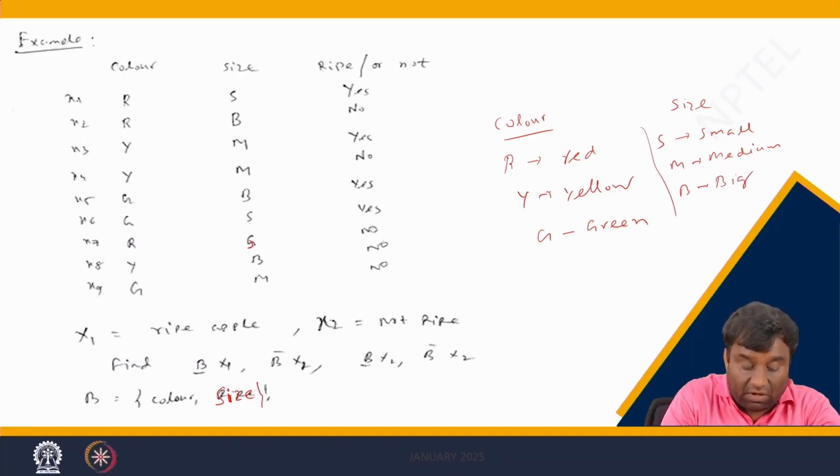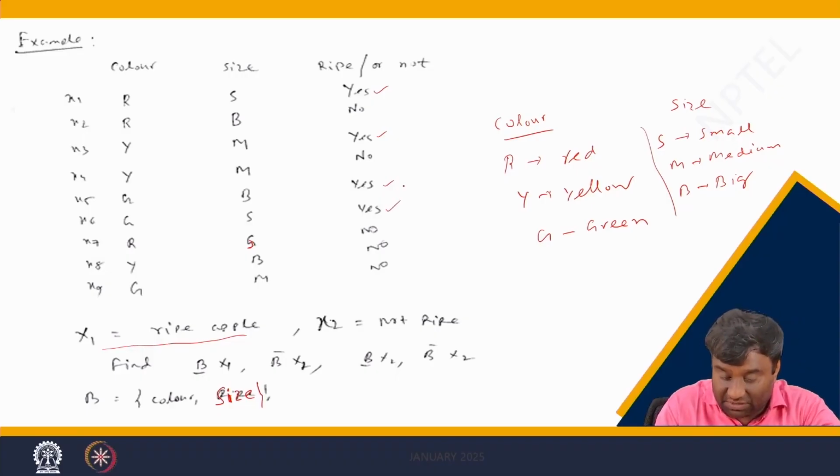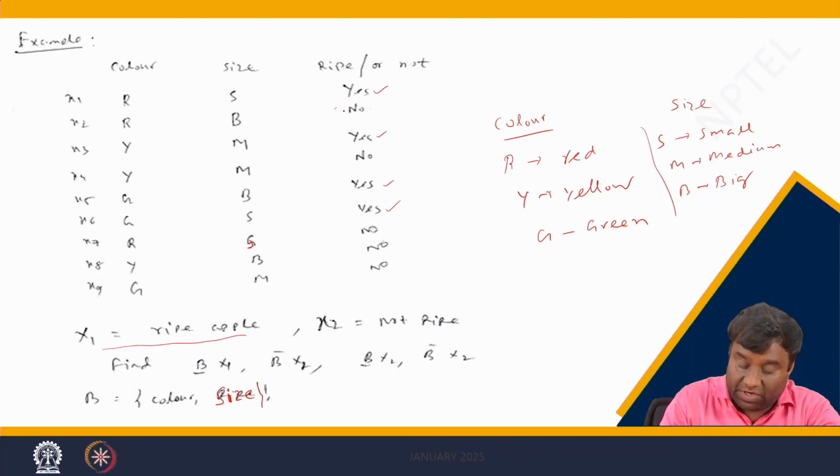For x1, color is red, size is small, ripe is yes. For x2, color is red, size is big, not ripe. Similarly, all the others are given. Here you need to find X1, the ripe apples, and X2, the not ripe apples. These belong to the ripe set, and these belong to the no set, which is X2.